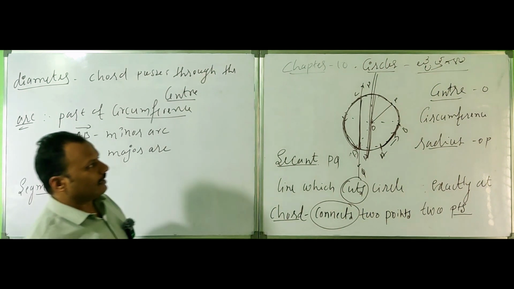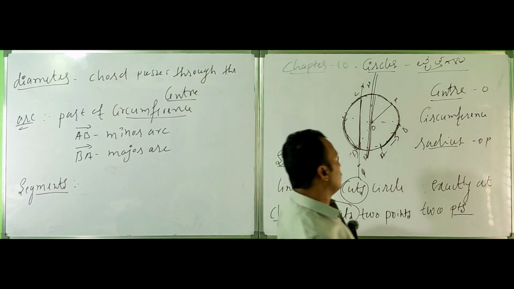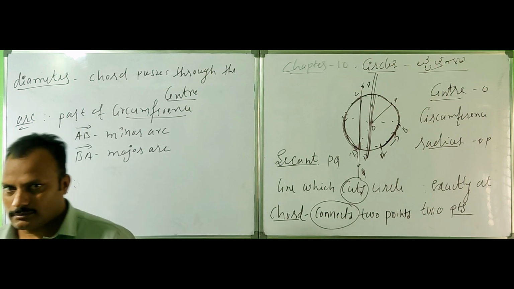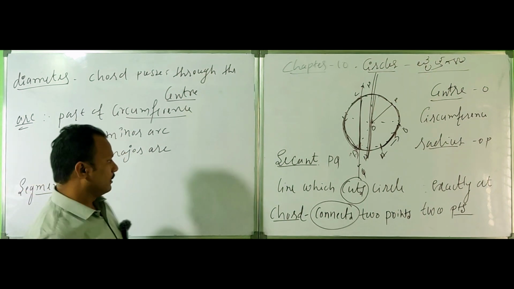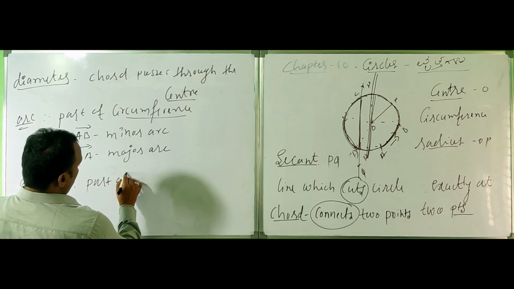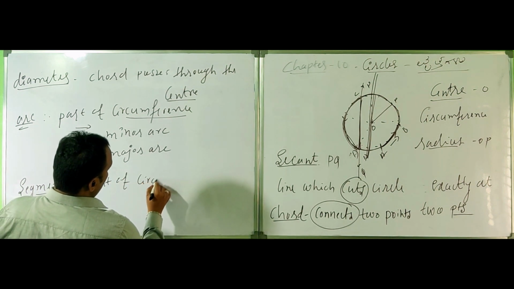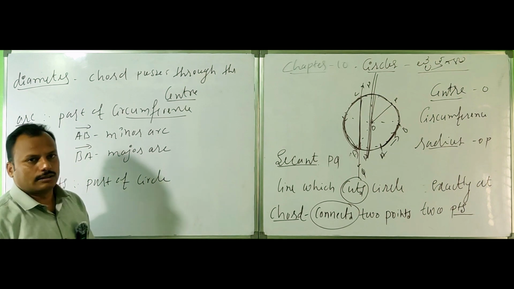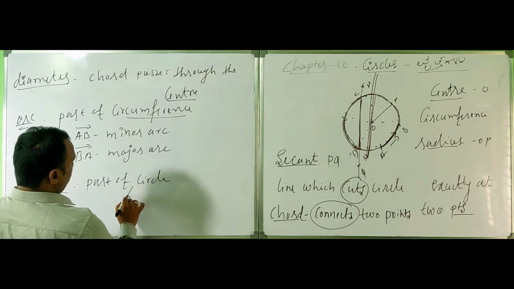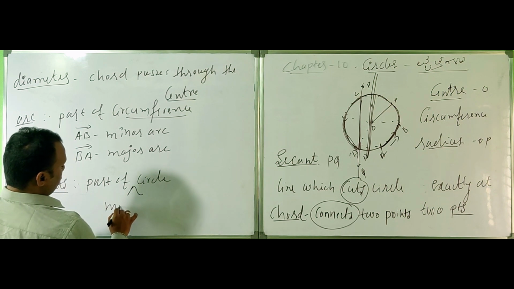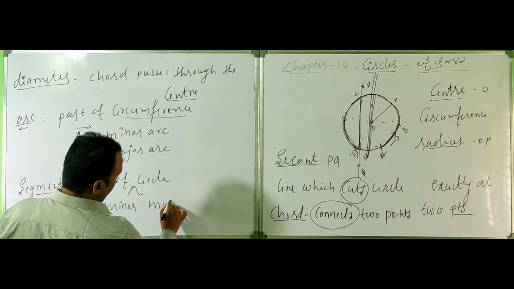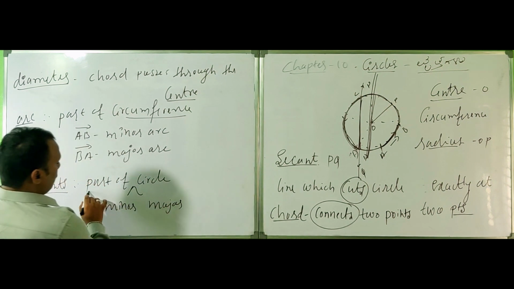Why should I write this? A segment is a portion of the circle, a part of the circle. We have the minor segment and the major segment, minor and major, depending on the part.